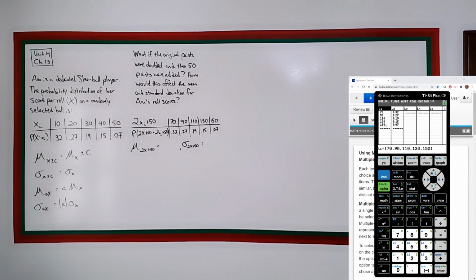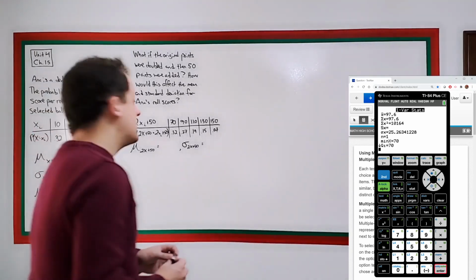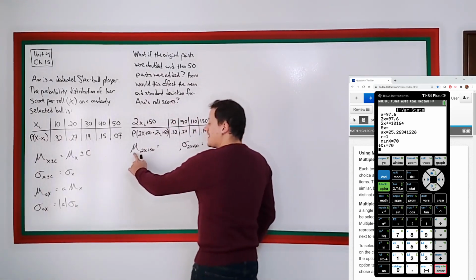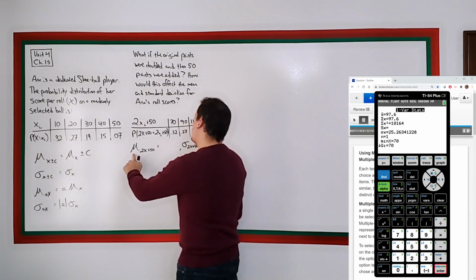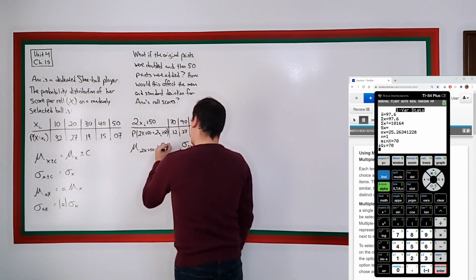We've typed in those 2x plus 50 values in L1, probabilities in L2, stat, calc, 1-Var Stats. Our list is L1, our freq list is L2, just as before, and we calculate. It says x bar is 97.6. We know that's the population mean mu, so it's 97.6.